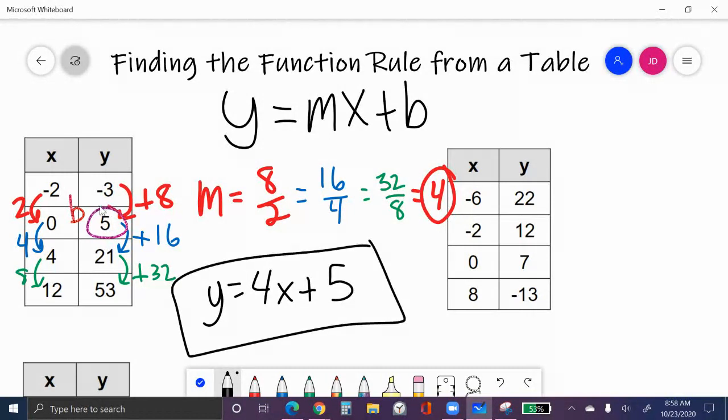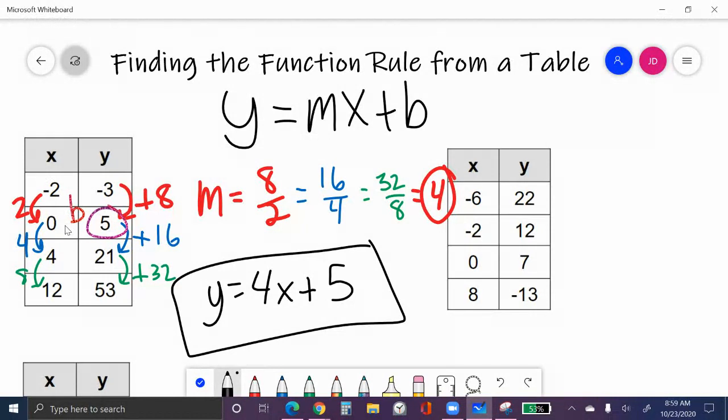You could double check by plugging it in. -2 times 4 is -8, plus 5 is -3. 4 times 0 plus 5 is 5. 4 times 4 plus 5 is 21. So that would be our equation for this table.